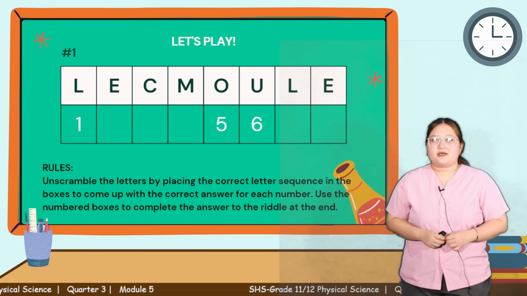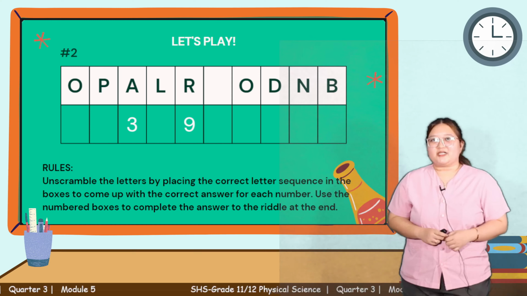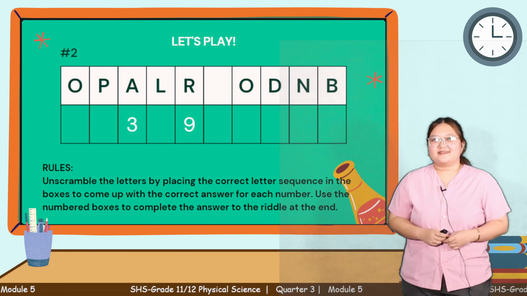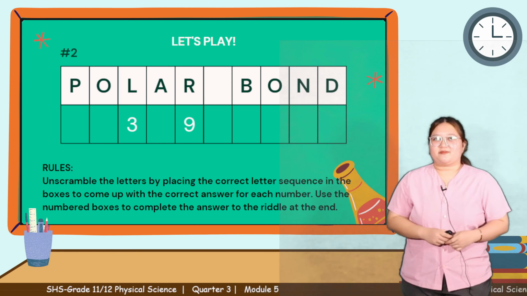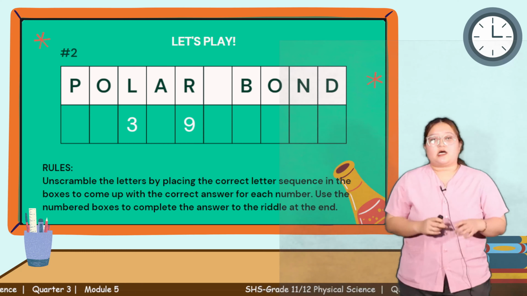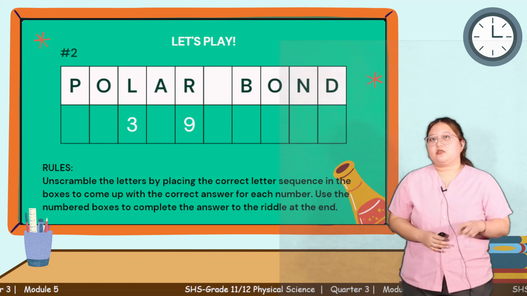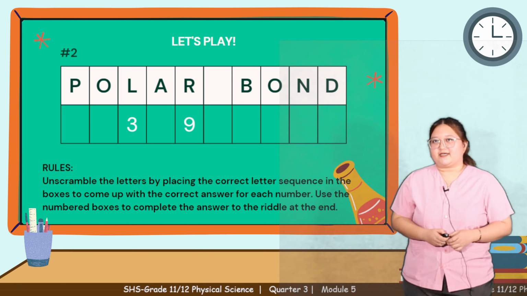Very good, that's a molecule. Number 2, we have a 2-word answer. Correct, we have polar bonds. So a polar bond is a type of chemical bond where a pair of electrons is unequally shared between 2 atoms. Very good. Let's keep going.